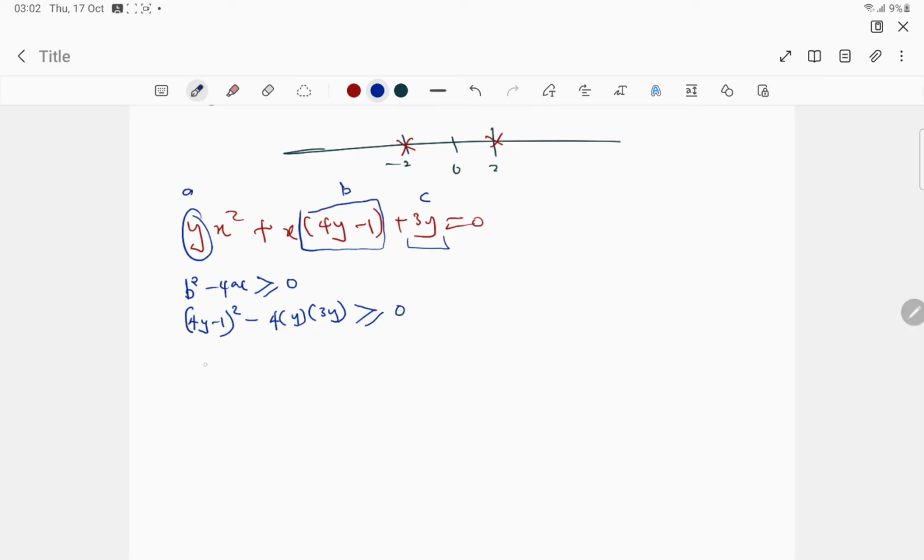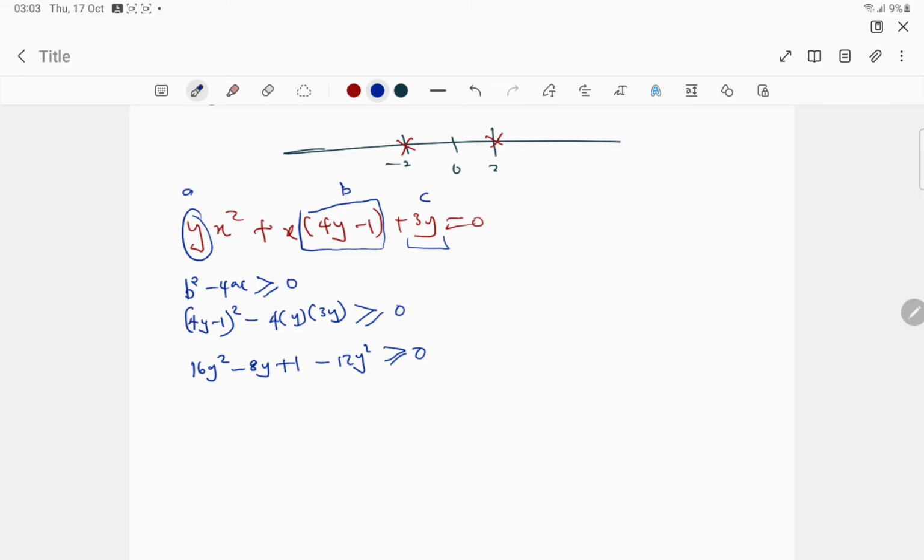So 16y squared minus 8y plus 1 minus 12y squared should be greater than or equal to 0.